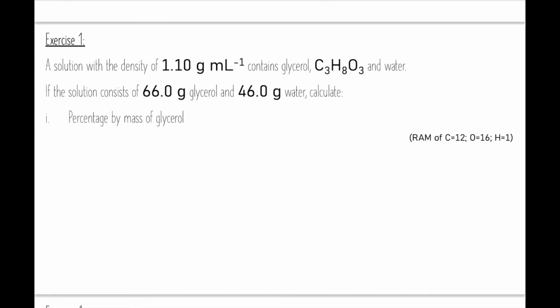From the question, we are given the mass of glycerol, which is 66 gram, the mass of solute, and 46 gram of water, which is the solvent. So this is the mass of solvent.